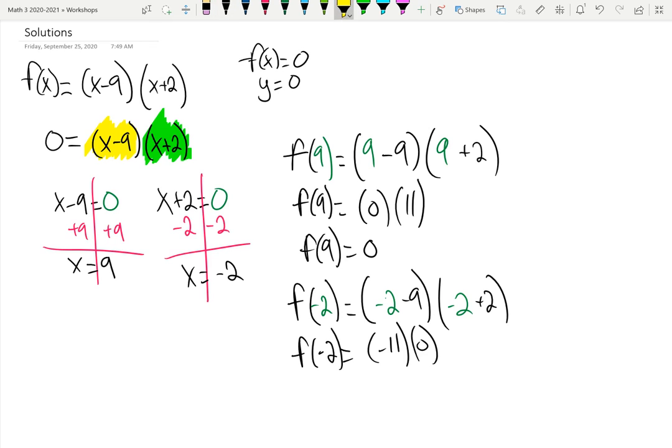Notice how the solution on the left, 9, makes this group 0, resulting in the product that I desire. Notice that when x is negative 2, it is also still 0. The product on the right becomes 0, but from the right side.